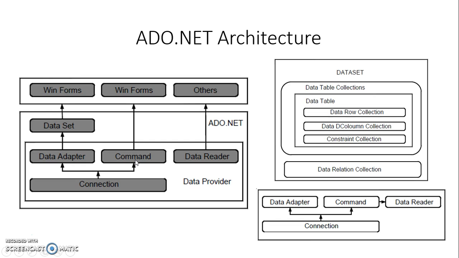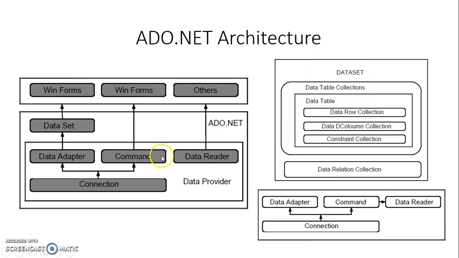You can perform any operation: insert, update, delete, select, likewise. An adapter is specifically used for disconnected mode, which can have a data set. And there is a UI level where you can use a WinForm, web form, console application, anything. And to read the data, we also have a data reader class. We'll be seeing that in a few minutes.